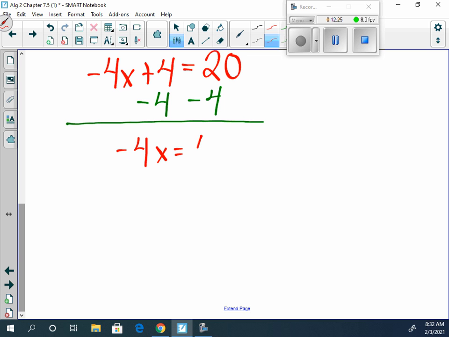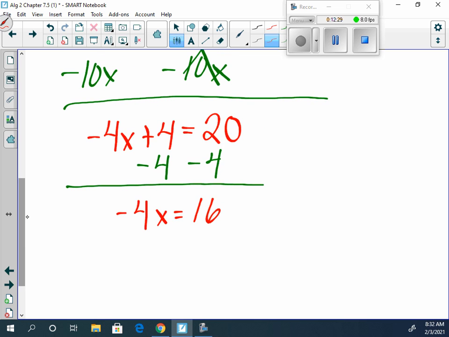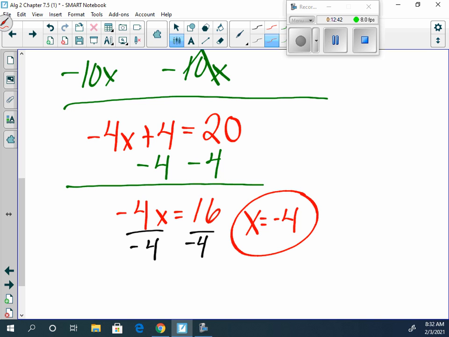That gives us negative 4x equals 16, so x equals negative 4.